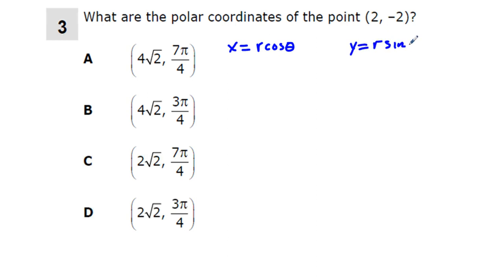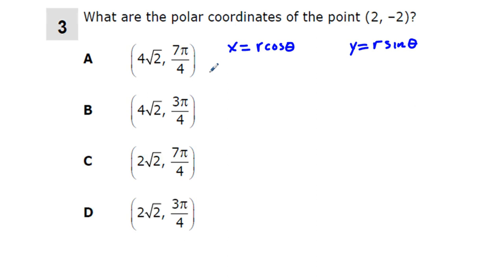That's that song we've been singing all semester you're tired of. Our cosine is X and our sine is Y. So we can use our formula here and find X and Y. We don't know what R is from this right here, but we could try the different angles. We could work backwards.